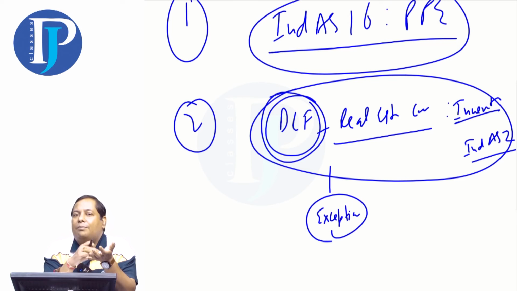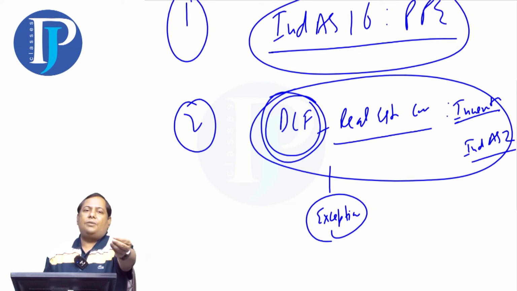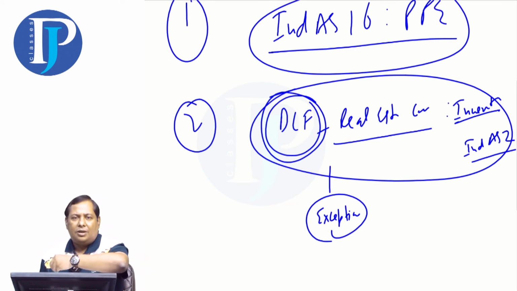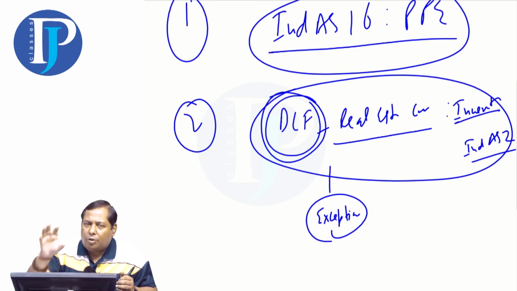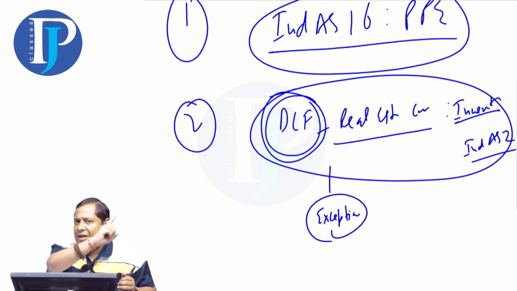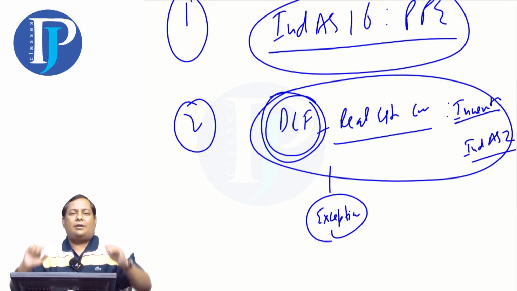Its name is DLF Emporio Mall. And inside it all luxury brands are present: Gucci, Versace, Burberry. All the topmost luxury brands are present in that mall. And you know, the DLF builder did not sell even a single shop in that shopping mall. He has leased it out to all of these brands and earns a good rent.